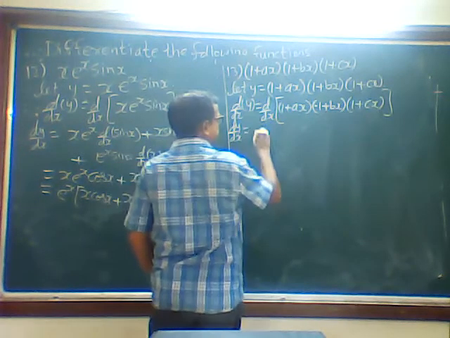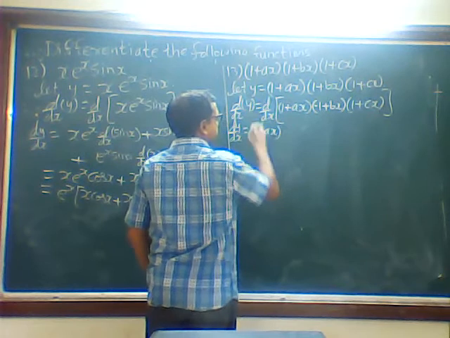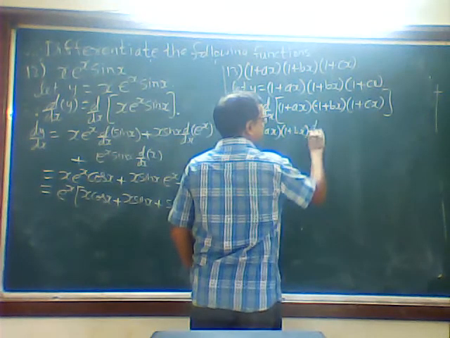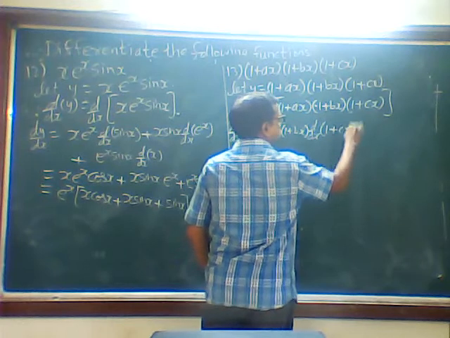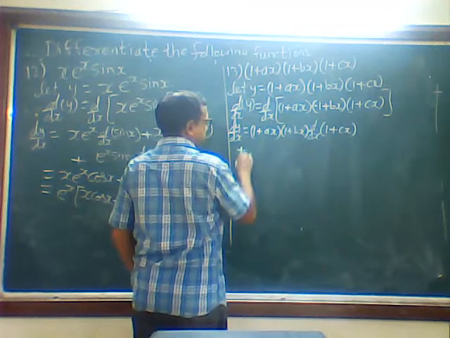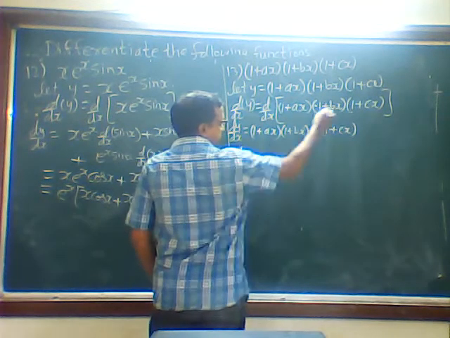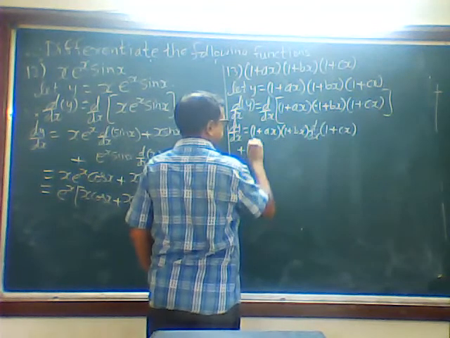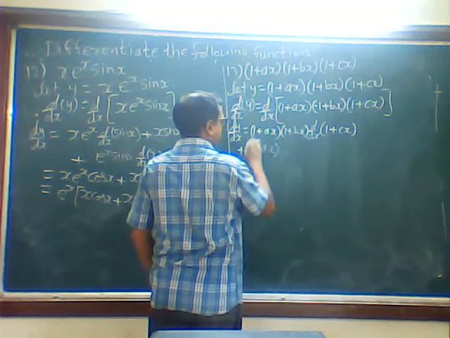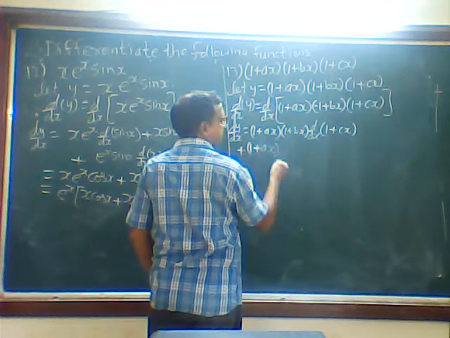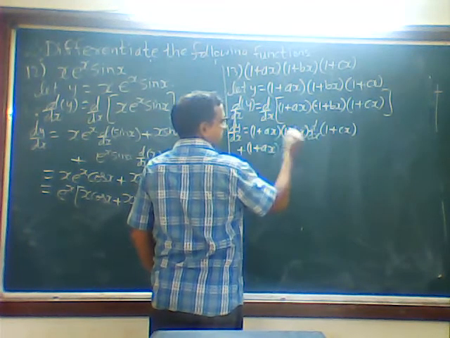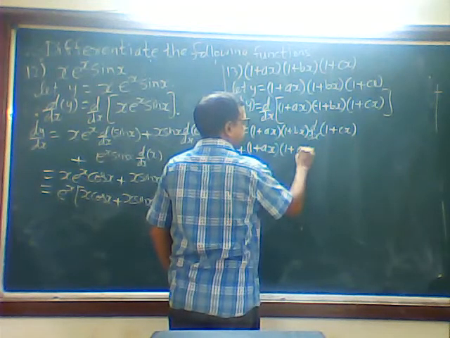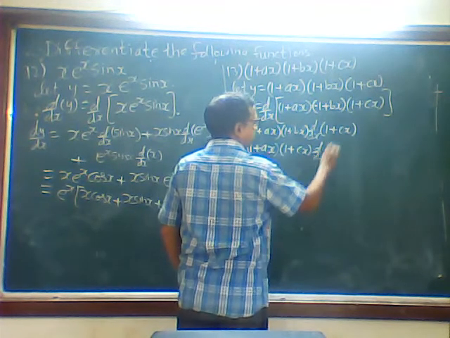First two terms are given as it is, d by dx of third term. Okay, I write it down. Plus now first and third term I keep as it is, d by dx of second term.